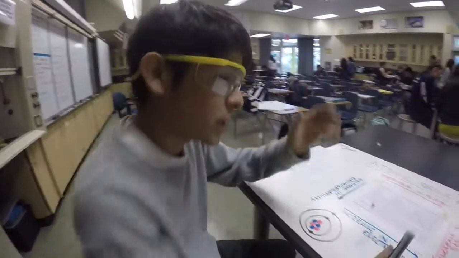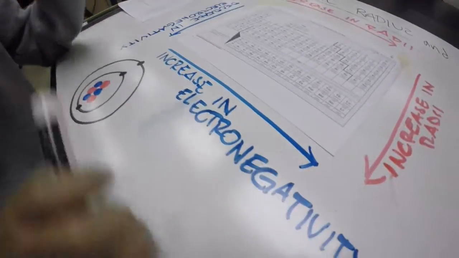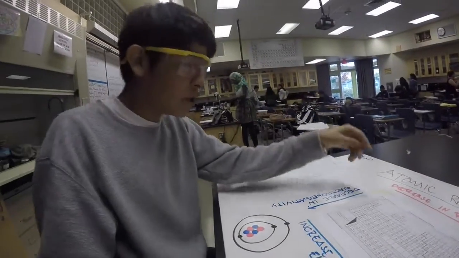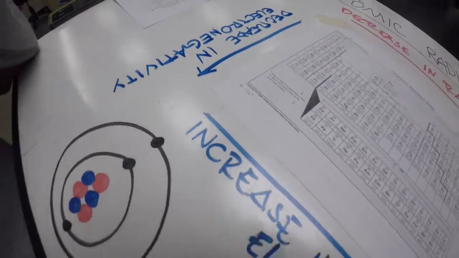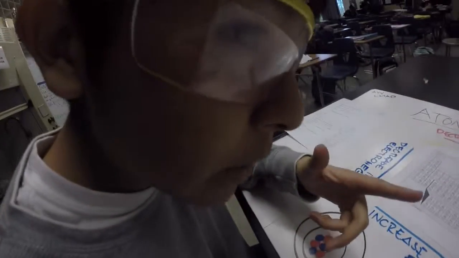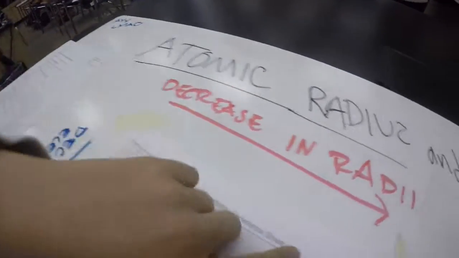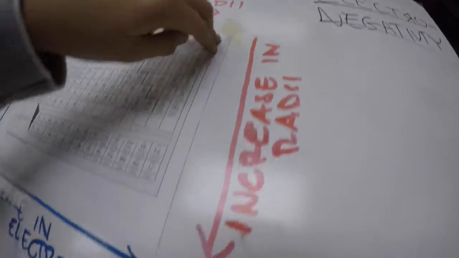When you go to the table, you see another trend, an increase in electronegativity going from left to right, and a decrease in electronegativity going up and down. But you also see something that's intriguing, a decrease in radii going left to right, and an increase in radii going up and down.